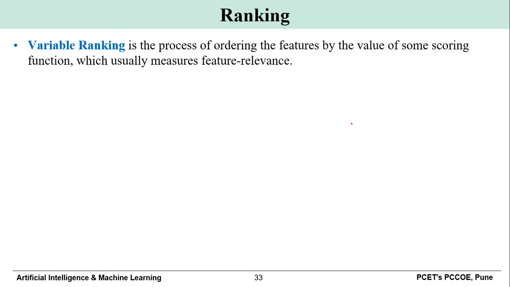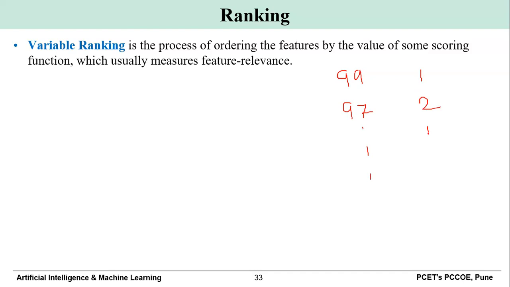For example, if we conduct the exam of artificial intelligence and machine learning and we arrange their marks in descending order, suppose one student received 99 marks out of 100 and is rank 1. Second student received 97 marks, so he is at rank 2, and so on.